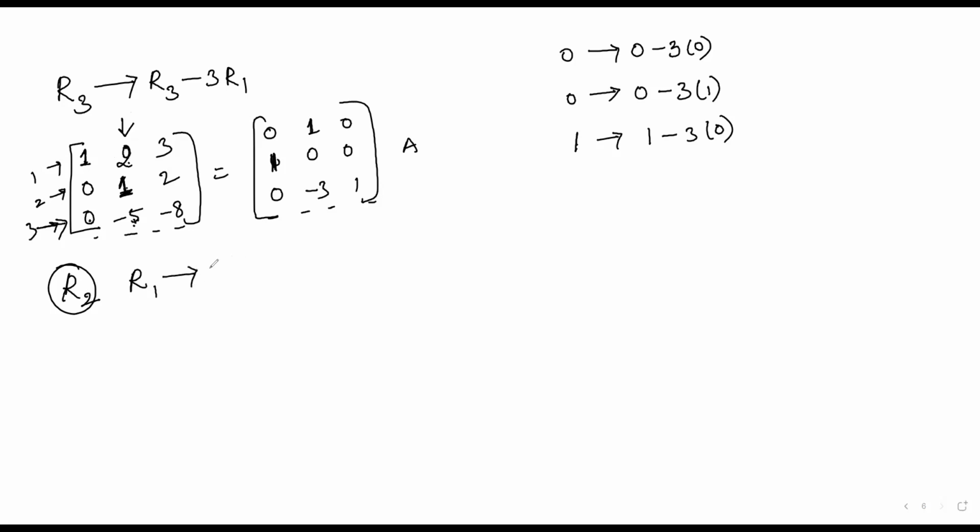See, I'm applying on R1. How will I apply on R1? R1 implies R1 minus 2 times R2. Okay, this you understood, no?